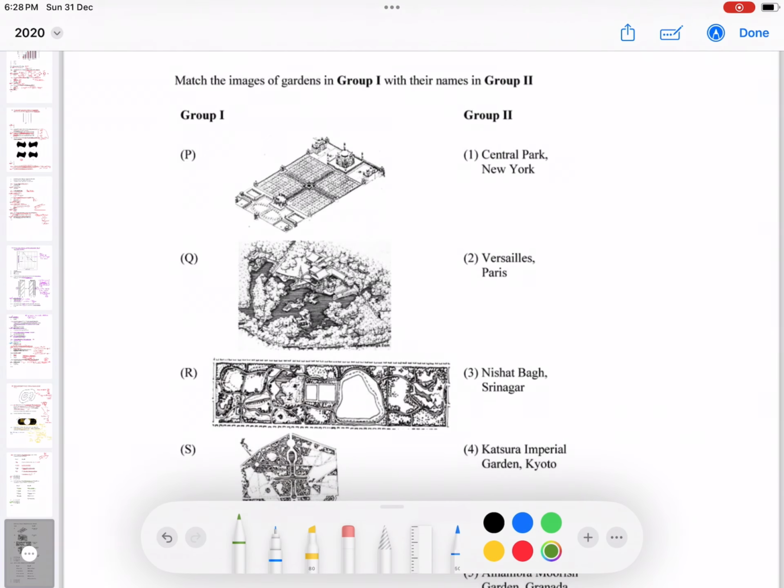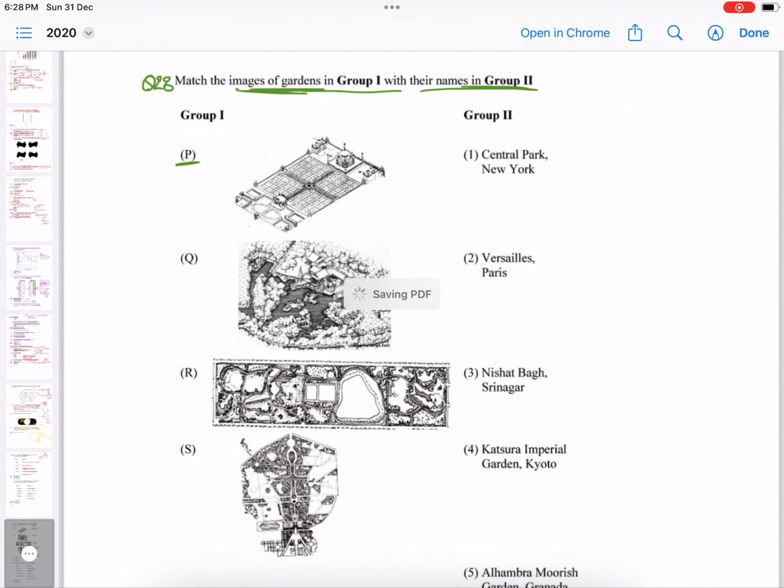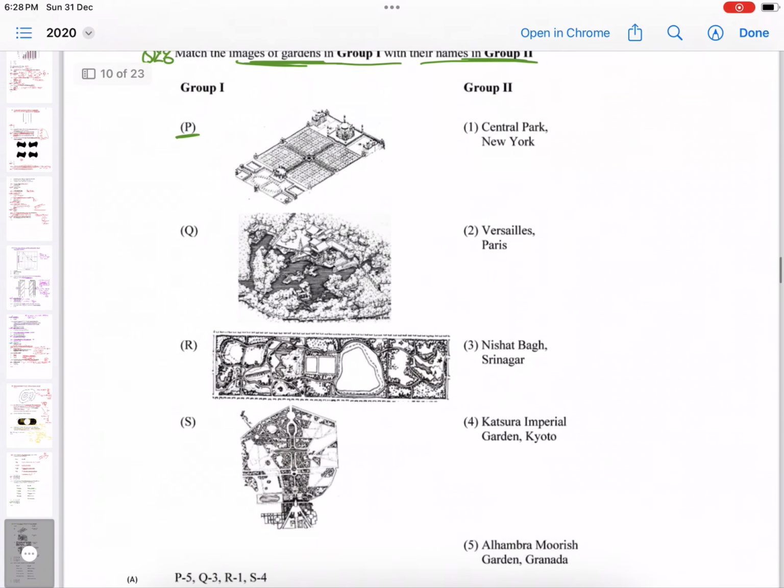Question number 28. In this, match the image of the garden in group 1 with their names in group 2. So first, this type of garden, P1, can be seen in the Mughal time period. Okay, we know that.